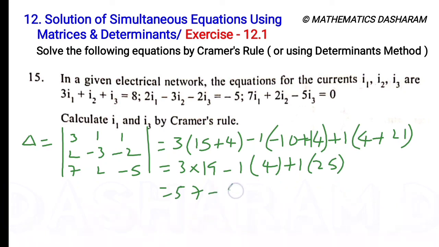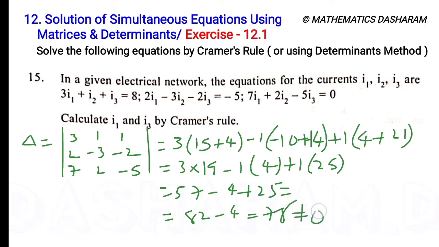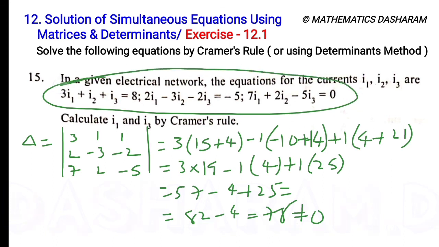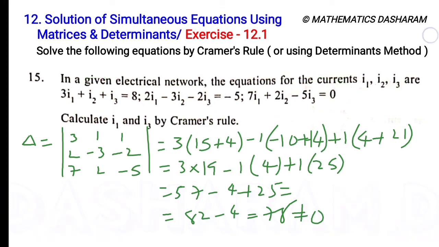Next, minus 1 into 4 is minus 4, plus 25. So 57 plus 25 is 78. 78 is not equal to 0, so the given system of equations is consistent.